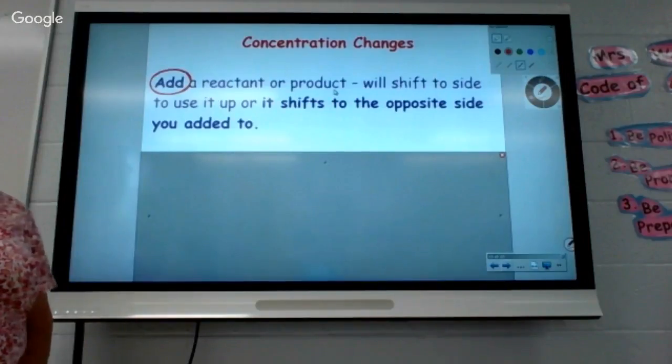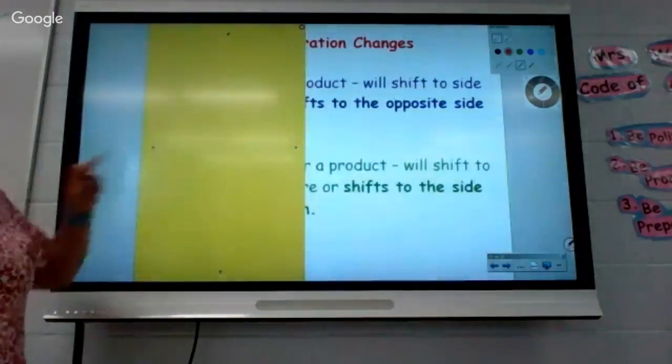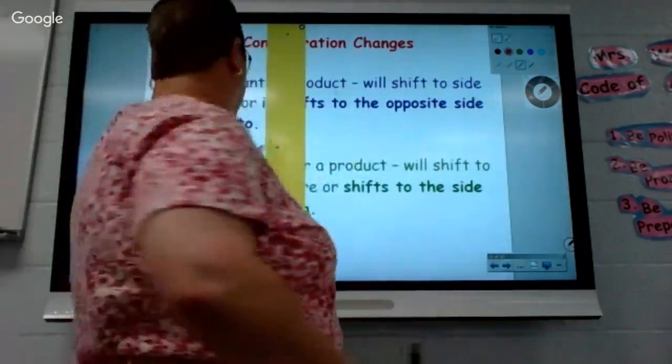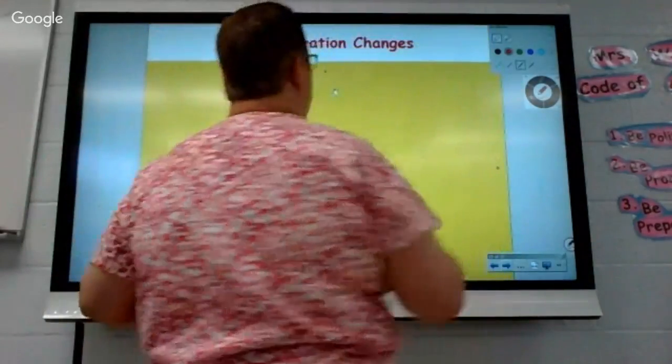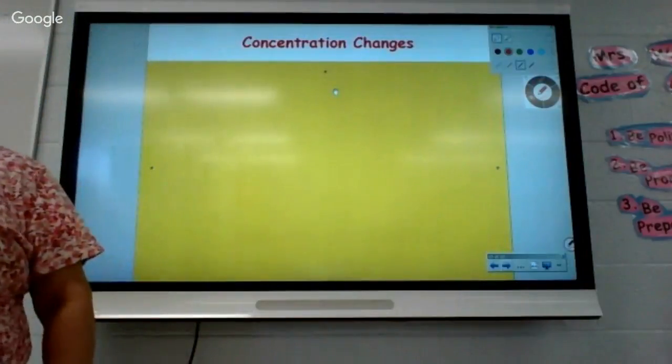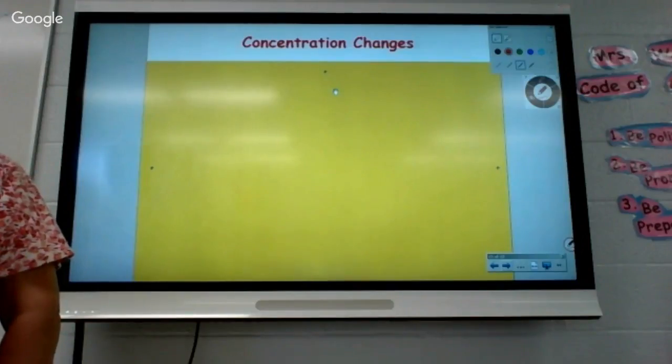Remember, we're talking about a reaction that is what? We're talking about a reaction that is at equilibrium, and we're disturbing it. So this reaction is trying to get back to equilibrium, right?